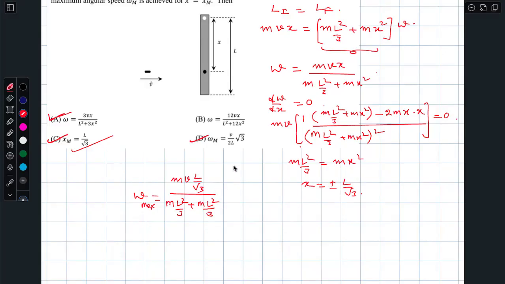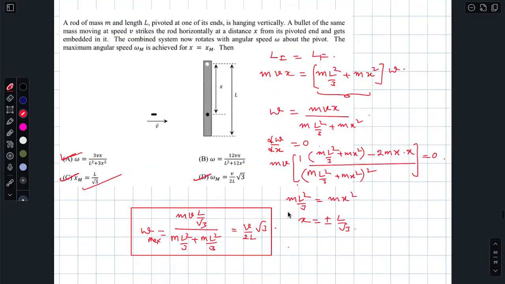So this will now become, m cancel, L cancel, v by 2L times root 3. This is a previous IIT question, a very easy question actually. Any doubts?